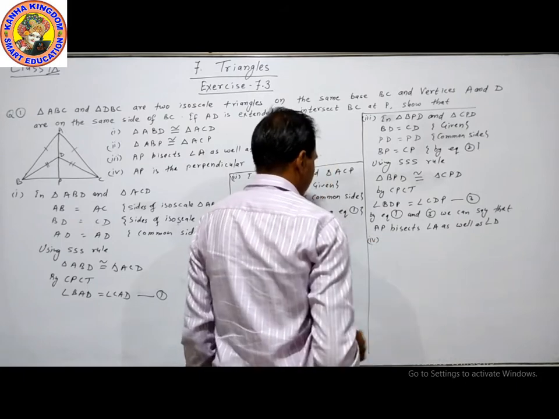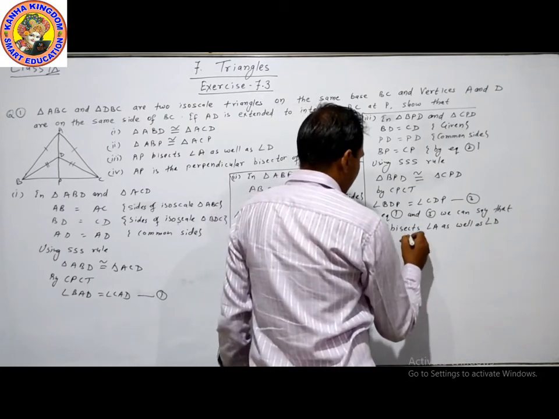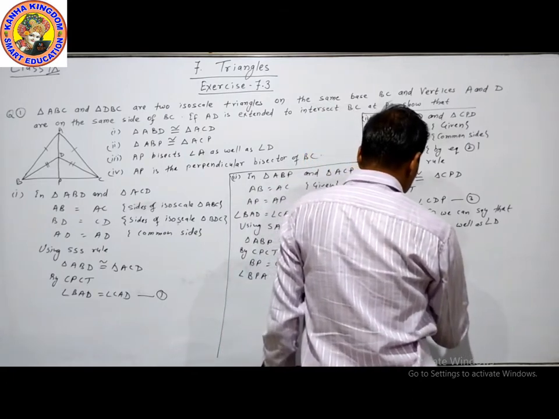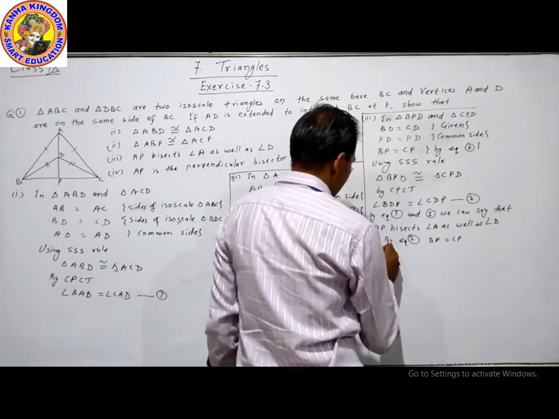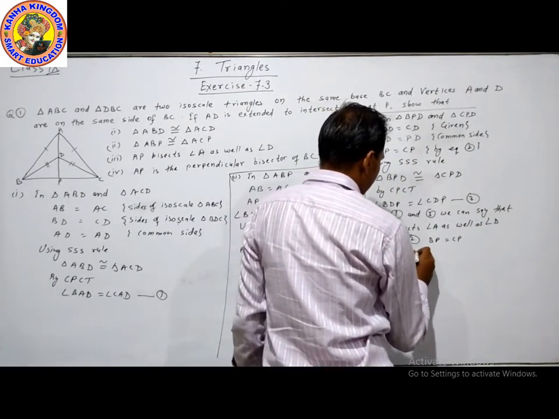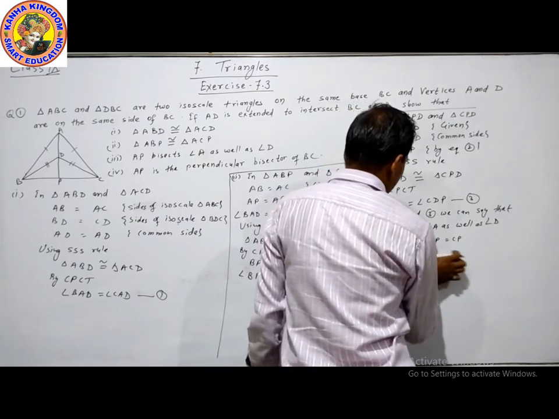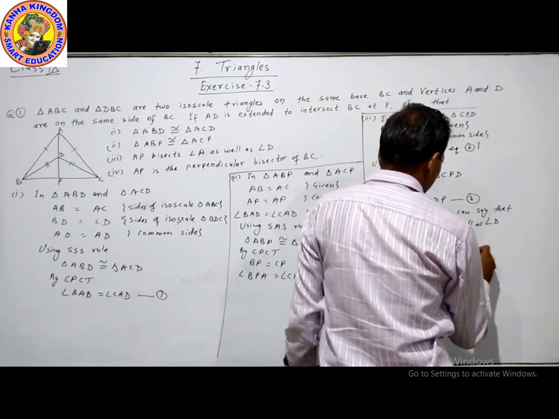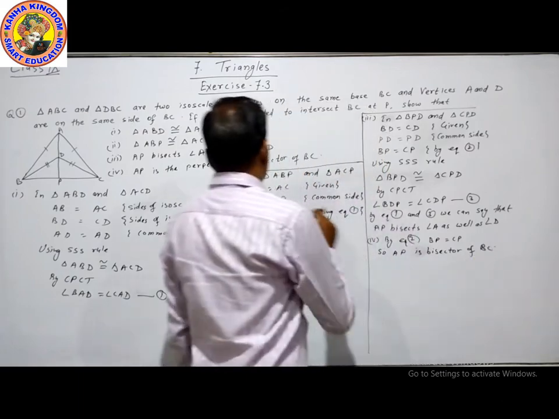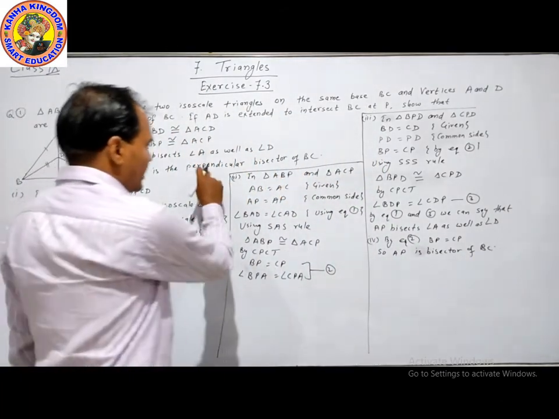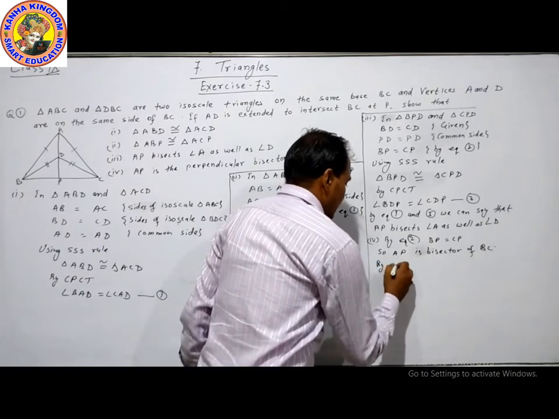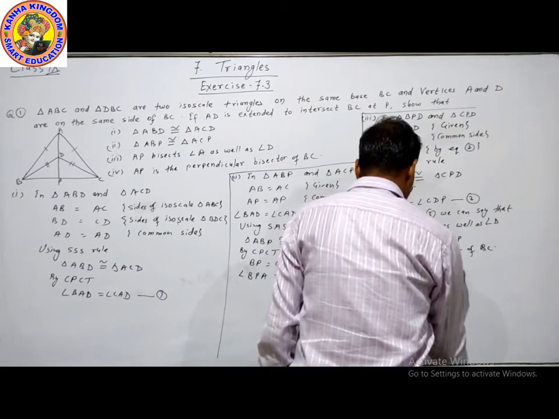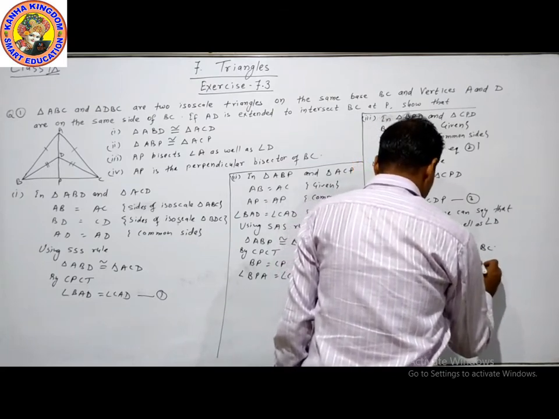For our question number 4, by equation 2, BP is equal to CP, so AP is the bisector of BC. This is our answer for bisector. So taking perpendicular, by equation 2, angle BPA is equal to angle CPA.